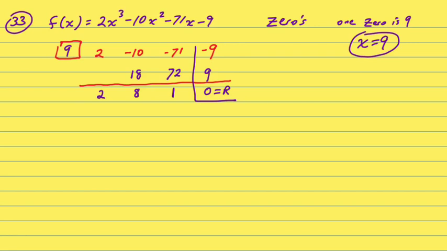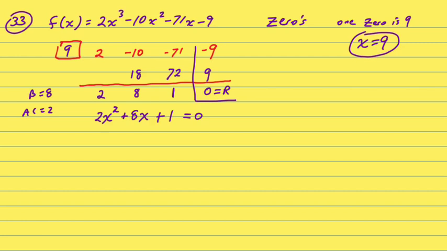So, I have 2x to the, what's 1 less than 3 power? 2x squared plus 8x plus 1. Now I would try and find the zeros of this. But I can't factor it. A times c is 2. B is 8.